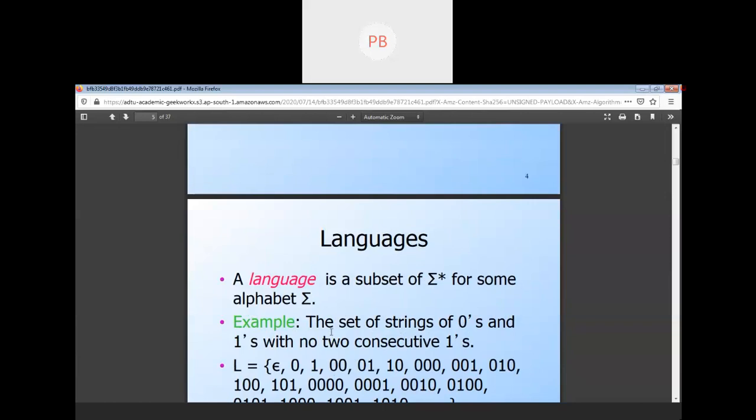A function is an association of each object of one kind with a unique object of another kind.